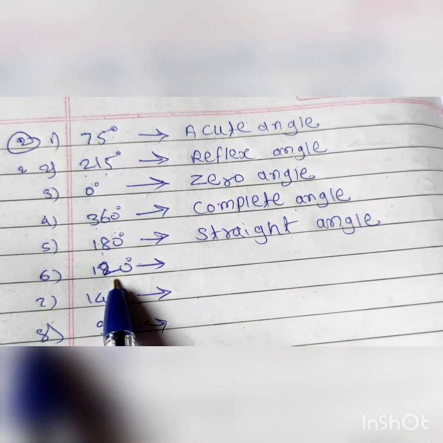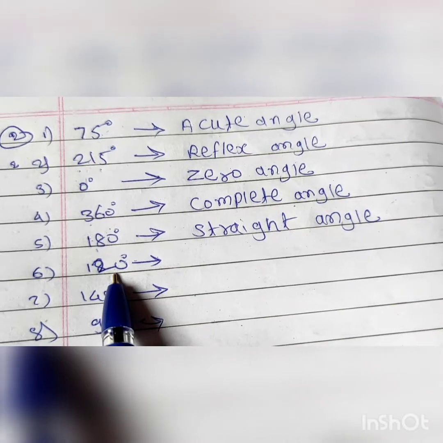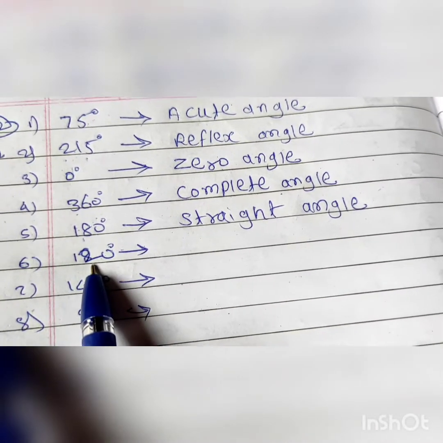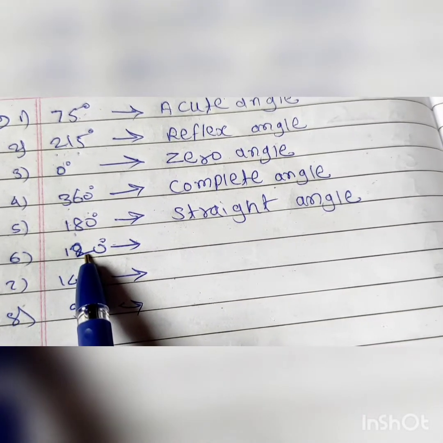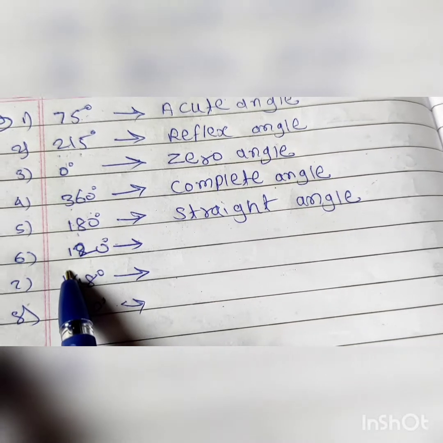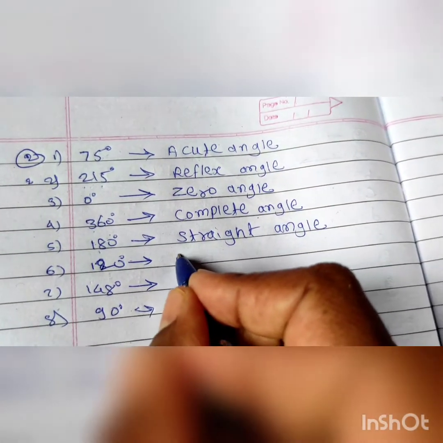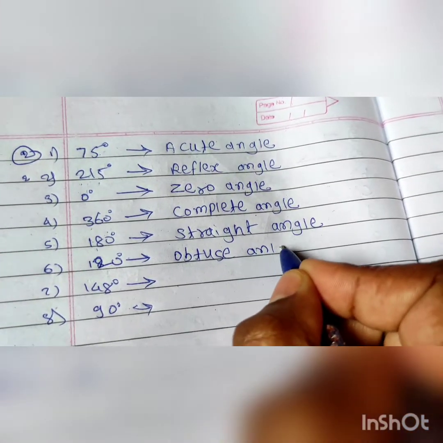This is obtuse angle because if the measure of angle is greater than 90 and less than 180, it is called obtuse angle. So this is obtuse angle.